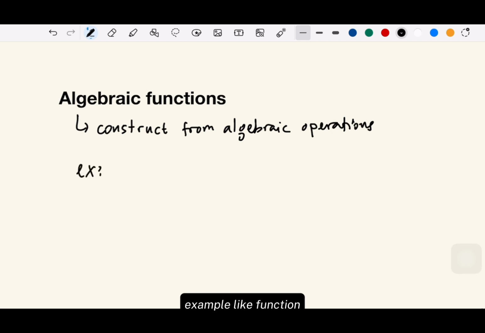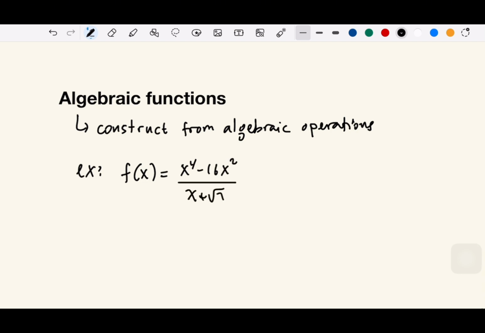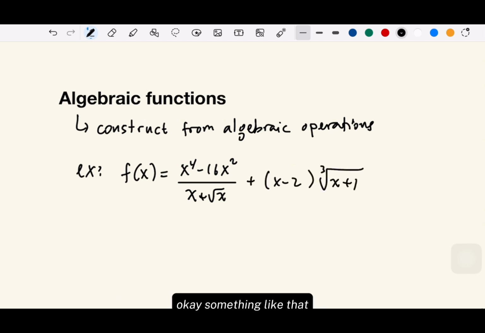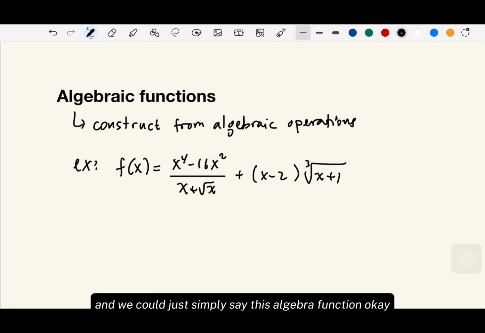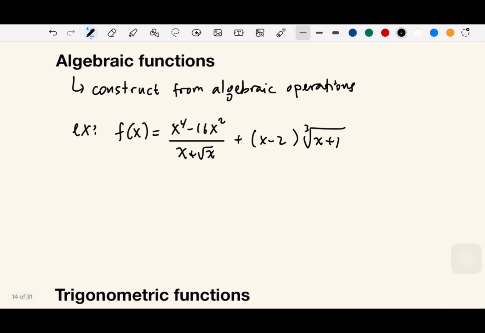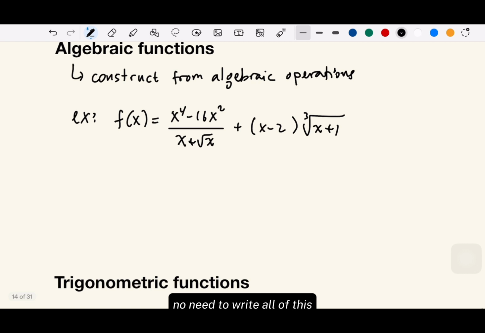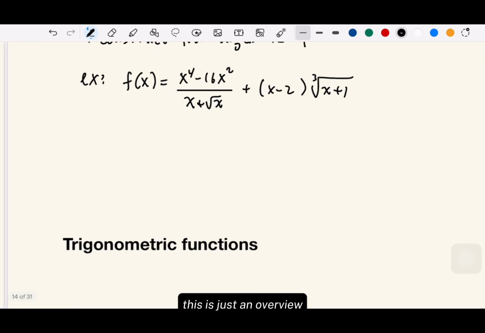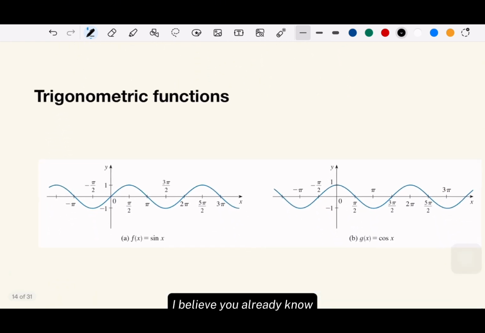Example, like a function. This is just an example. I'm writing a little bit long here. Okay, something like that, and we could just simply say this is an algebraic function. Okay, and no need to write all of this. This is just an overview. I believe you already know.